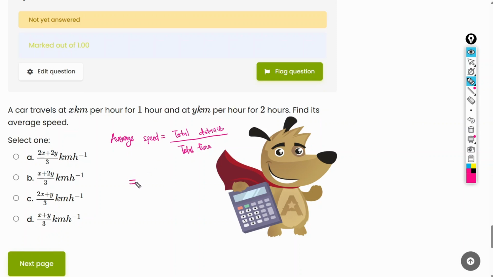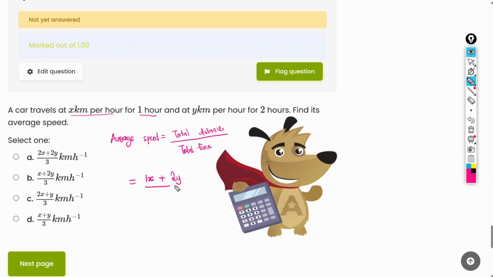So what's my total distance here? I traveled X kilometers per hour for 1 hour. So that distance will just be 1x, because distance is speed times time, right? Plus Y kilometers per hour, that was my speed for 2 hours. So this will be 2y.